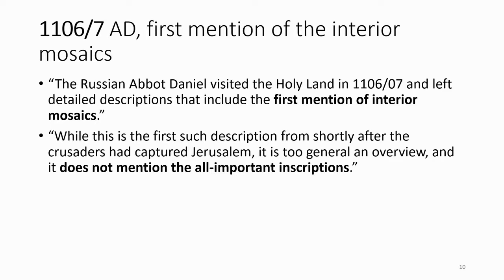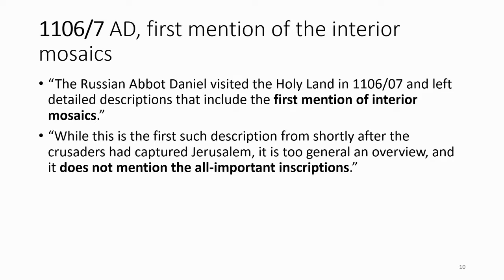Now, 1106, 1107 AD, we have the first mention of the interior mosaics, or at least some interior mosaics. It may not be the ones that exist today. The Russian abbot Daniel visited the Holy Land in 1106, 1107 and left detailed descriptions that include the first mention of interior mosaics.